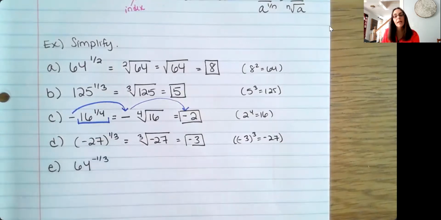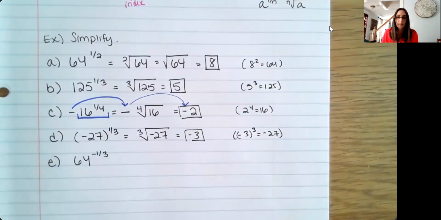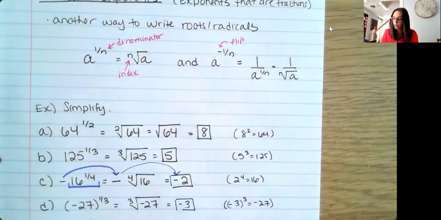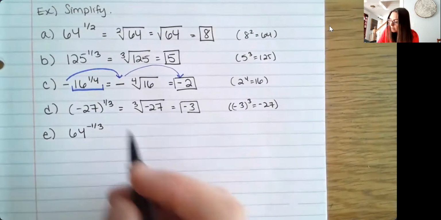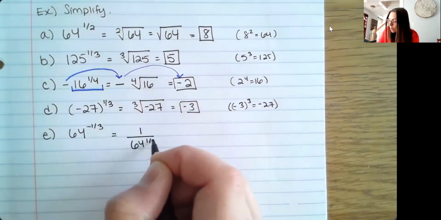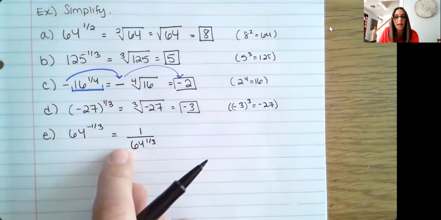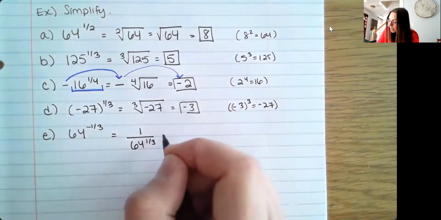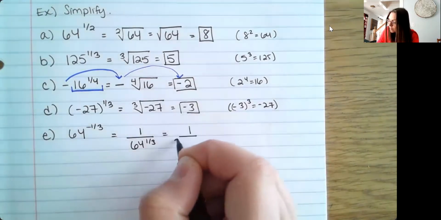Okay. Now in this case, we do have a negative in the exponent. So this is going to be this situation here. So if our negative is in the exponent, we are going to flip this. So I'm going to rewrite this as 1 over 64 to the 1/3. Once you flip it down, then that negative goes away. So it's a positive 1/3 now. So I'm looking at the cubed root of 64.